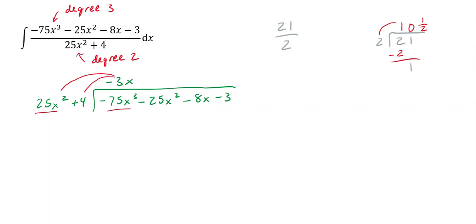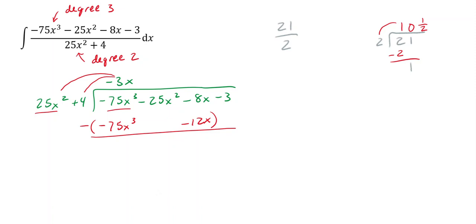So negative 3x times 25x squared gives me negative 75x cubed, and then negative 3x times 4 will give me a negative 12x, and I'm going to line that up with the x term, the other polynomial. And just like with the numbers, I'm subtracting this, so the whole thing should have a negative out front that distributes to both terms.